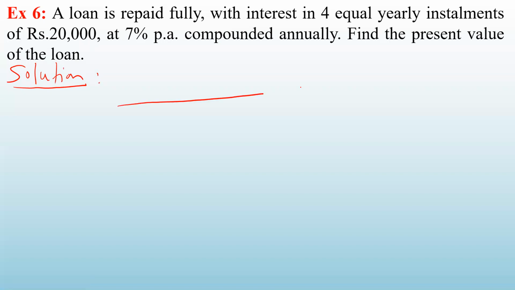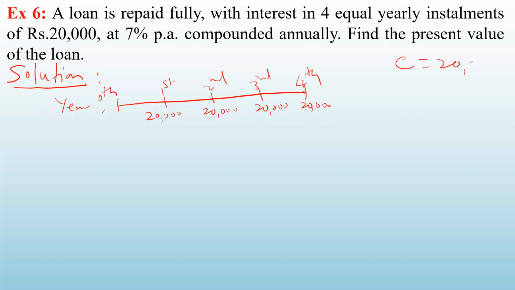That means the loan is repaid by 4 equal yearly installments, paid at the end of the first, second, third, and fourth year. Every time the installment amount is 20,000, so C is given to you as 20,000.